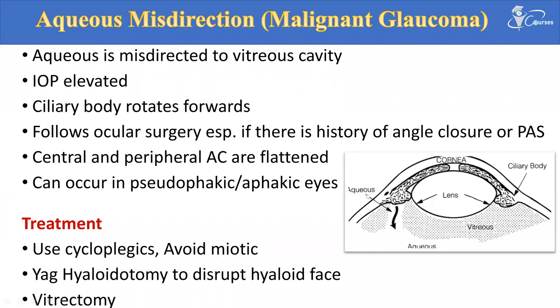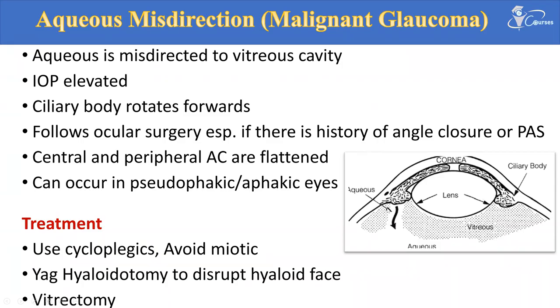Also, if this alone is not sufficient, then you should go for another modality, which is called YAG hyalotomy. YAG hyalotomy is using YAG laser to disturb the anterior hyaloid face, to make a small opening in the anterior hyaloid by the YAG laser, allowing escape of the excess fluid so that you are breaking the vicious circle and allowing this fluid to pass through its anatomical pathway.